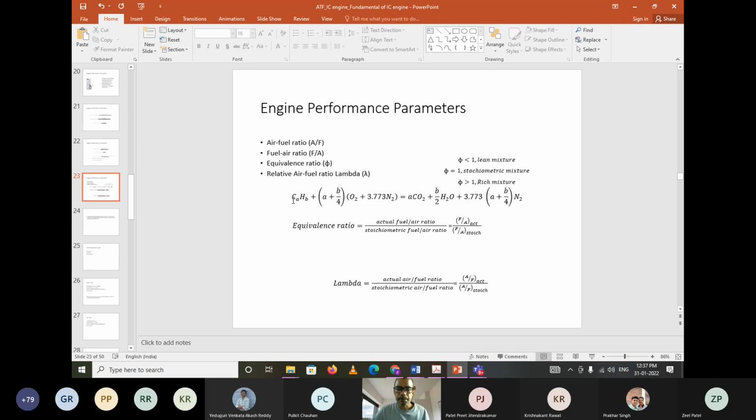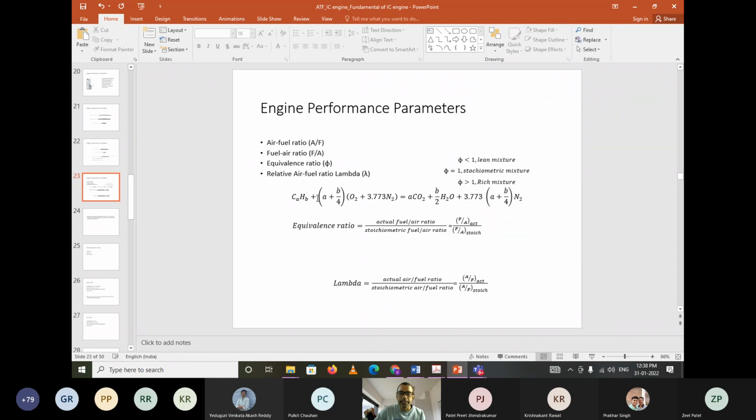Then find out how many moles of air are required per mole of fuel. So 12.5 into 4.773 moles of air is required. Then in terms of weight, take the ratio of that, and that will give you around 15.1.